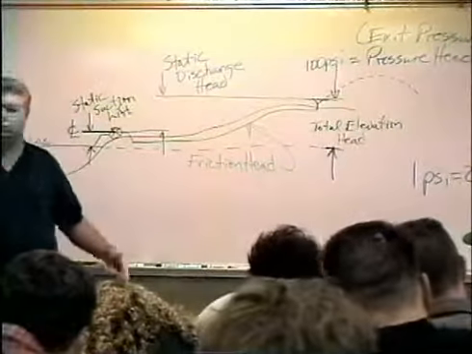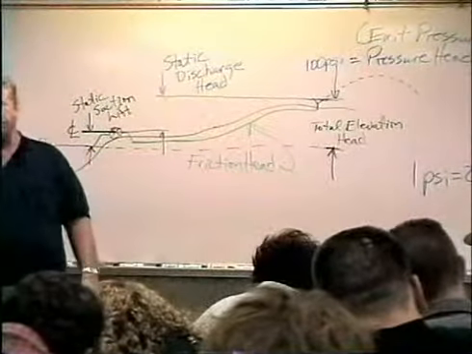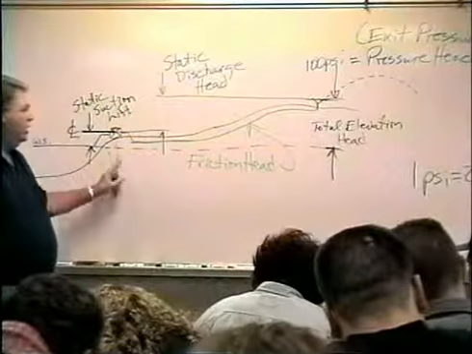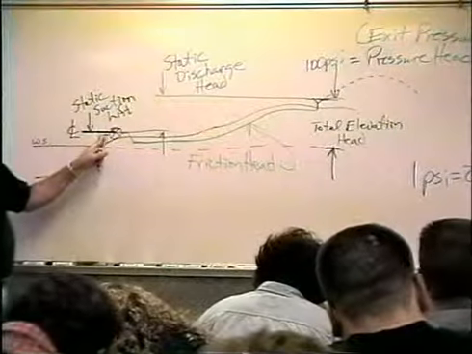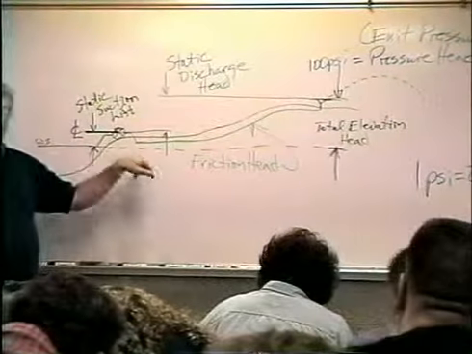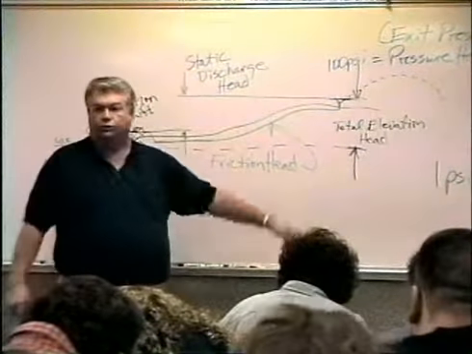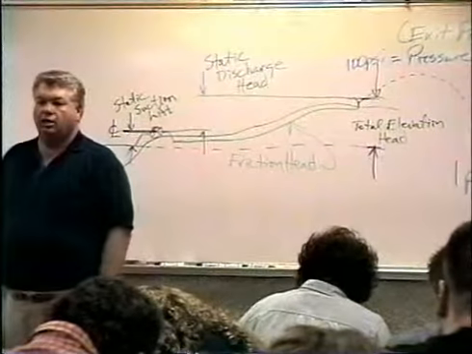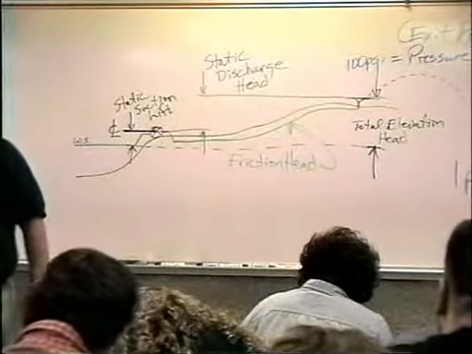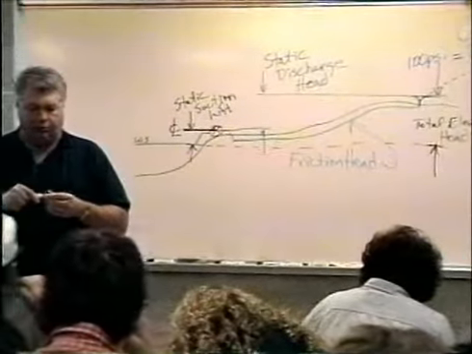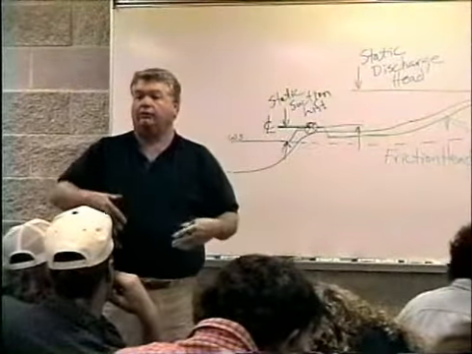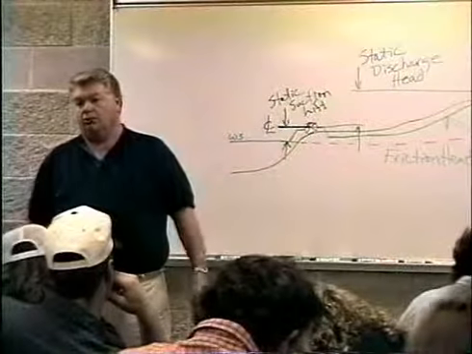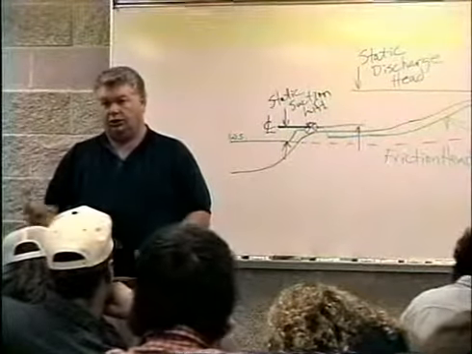It's rubbing against the walls of the pipe, and it's costing us energy to get it from point A to point B. We have to look at all the friction through all the bends, all the fittings, and we have valves in there, and all of that stuff, as well as just the lengths of pipe. And we can calculate that. We know from experience of all kinds of testing what the losses are going to be at a given flow in a given type of pipe for a given diameter, how much friction loss there will be.